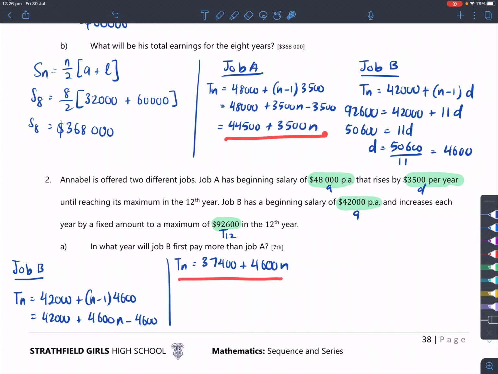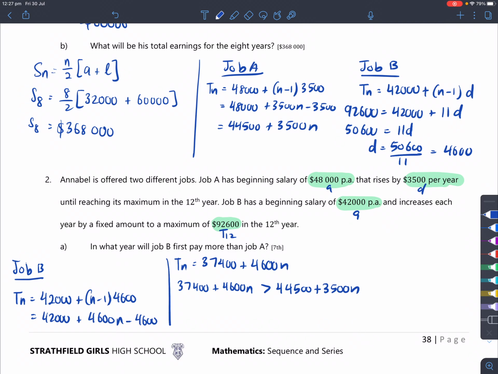It's asking when will Job B pay more than Job A. So you've got to take this equation here and make an inequality where it's greater than this one here. So 37,400 plus 4,600n greater than 44,500 plus 3,500n.